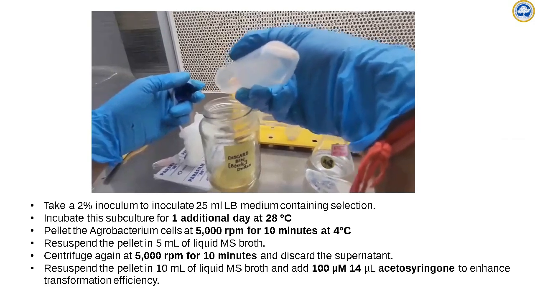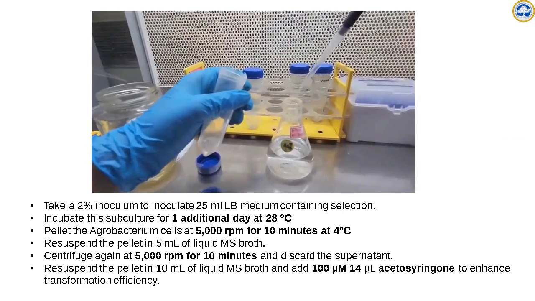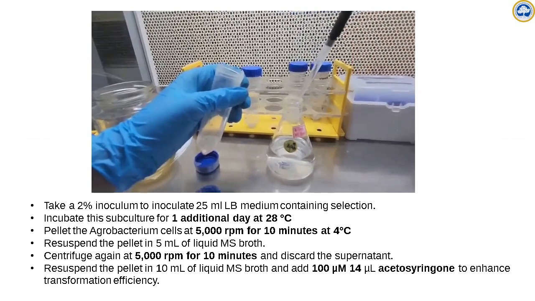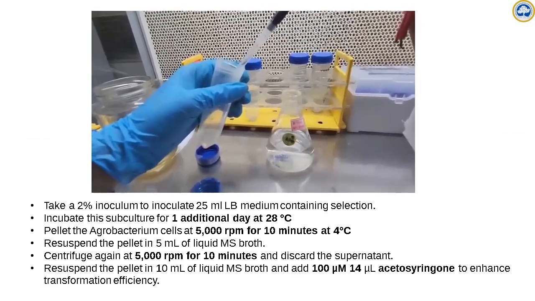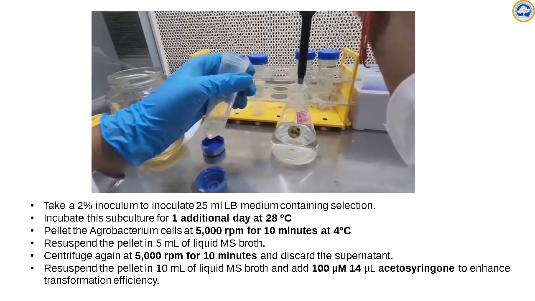We add the phenolic compound acetosyringone, approximately 150 micromolar, to the resuspended cells, and this is the culture that we use for infecting the onion epidermal cells.